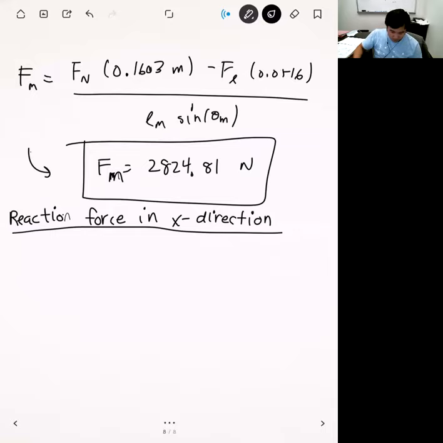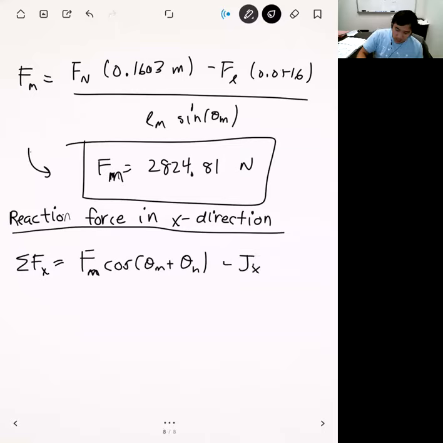And so if we sum up the forces in the x direction, what we get is Fm, and we're going to need the angle that the muscle force makes with the horizontal, and so that's going to be cosine of theta m plus theta h.